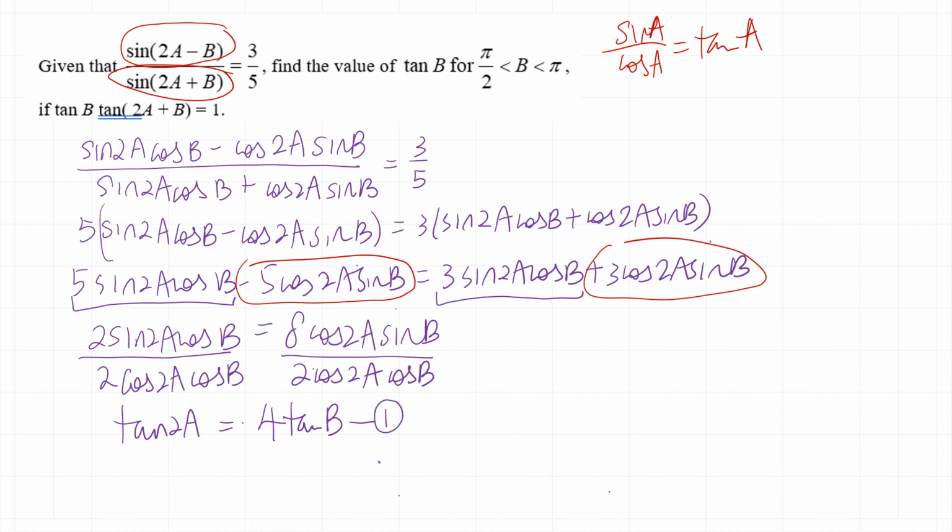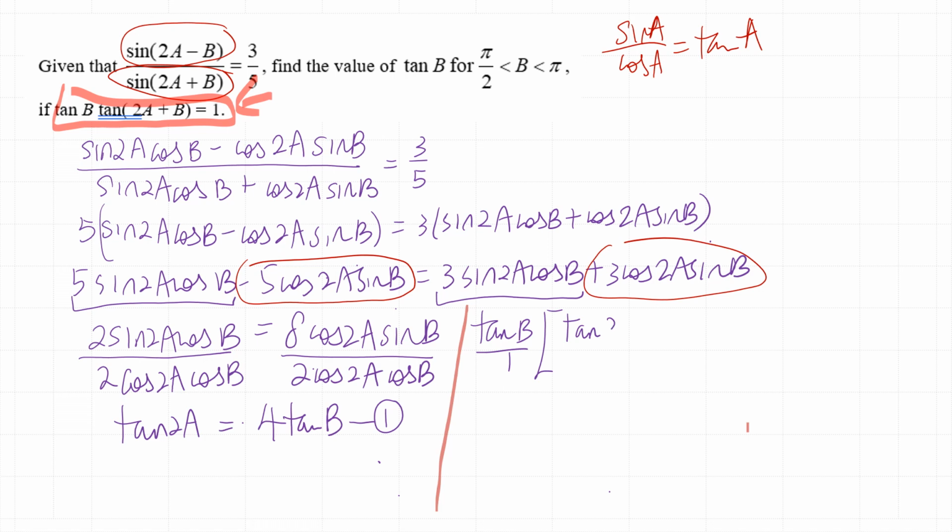So what's the next piece of information that I can use from the question? Yes, if you look at it carefully, you can only find the value of tangent b if you're given this condition. So I'm going to use that condition to help us find the value of tangent b. So from what you're given there, we can apply the addition formula for tangent.